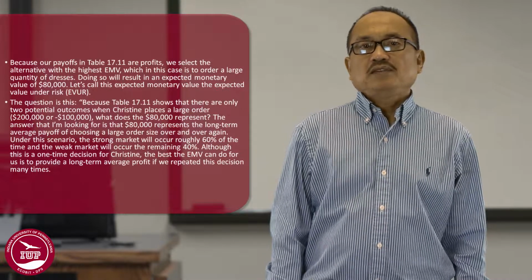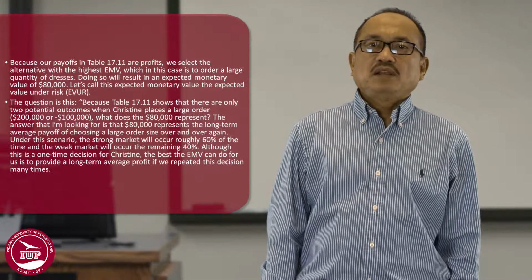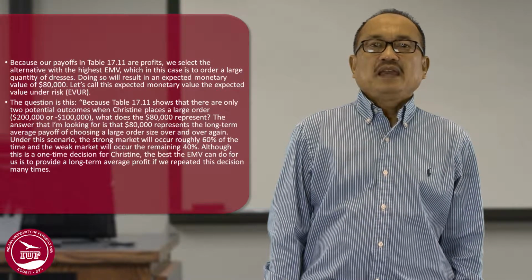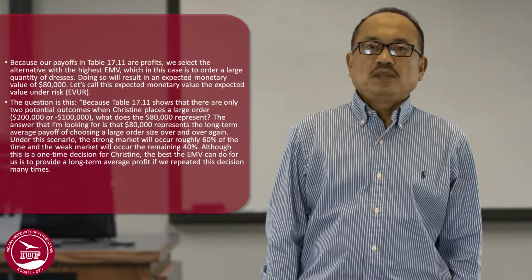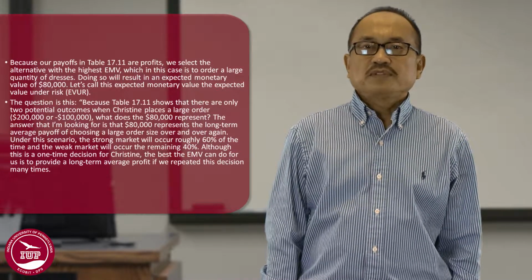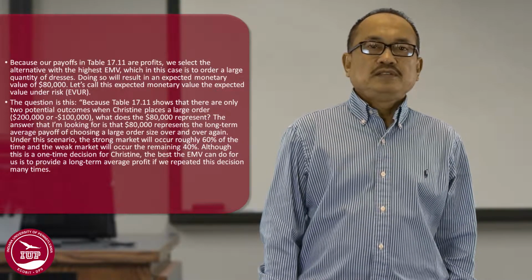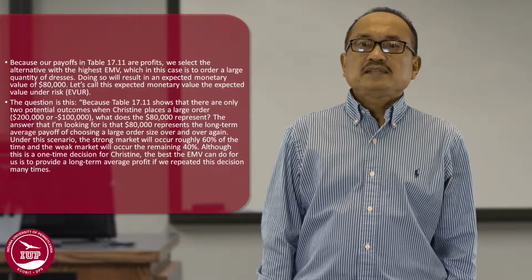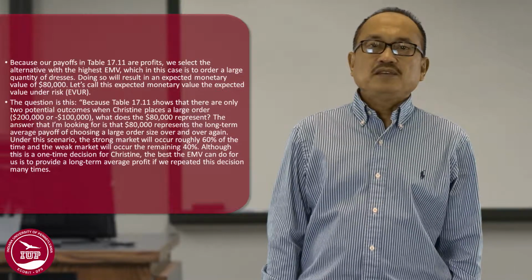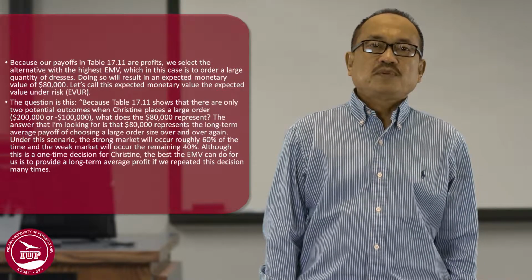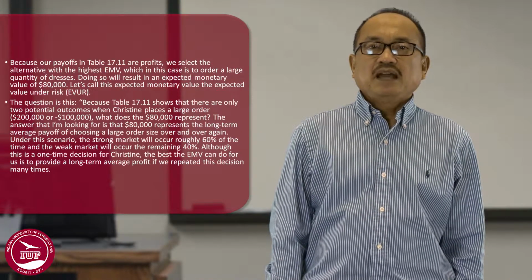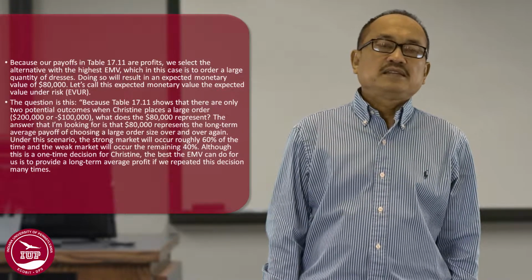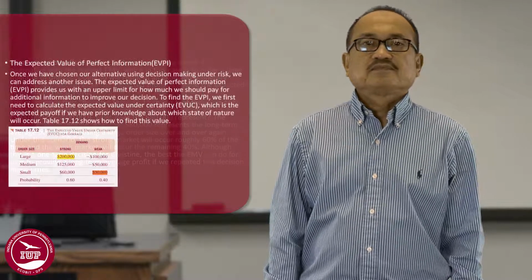Under this scenario, the strong market will occur roughly 60% of the time, and the weak market will occur the remaining 40%. Although this is a one-time decision for Christine, the best the EMV can do for us is to provide a long-term average profit if we repeated this decision many times.